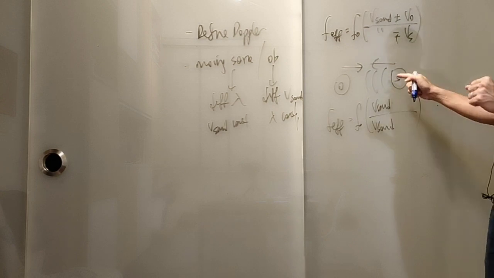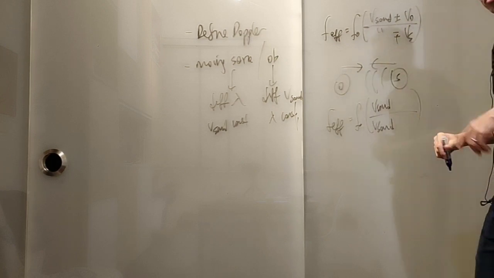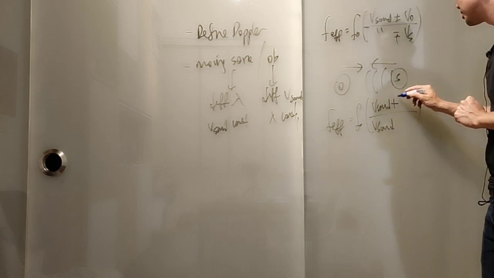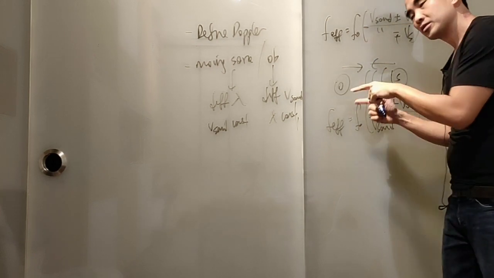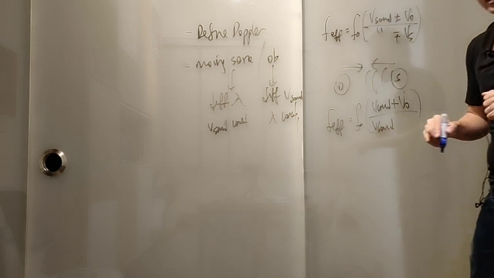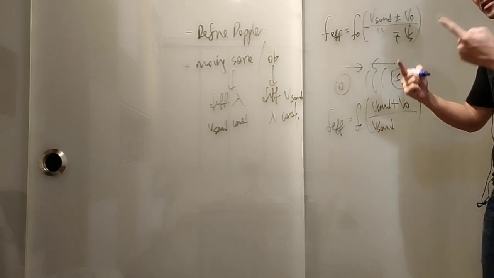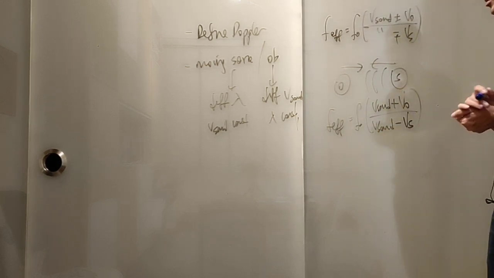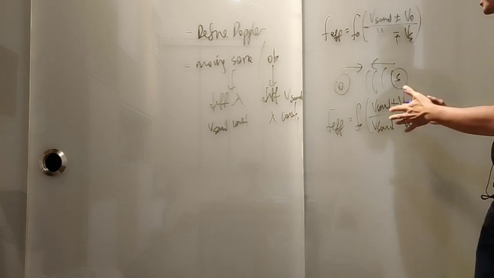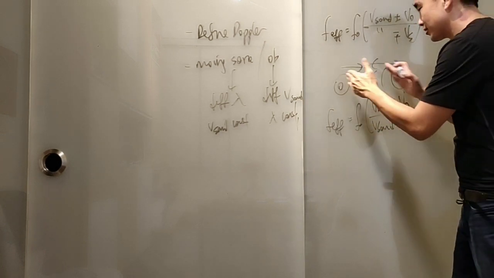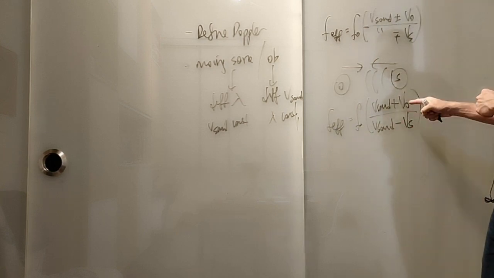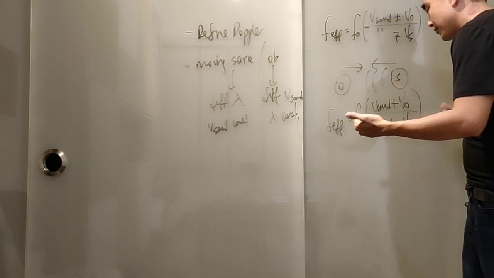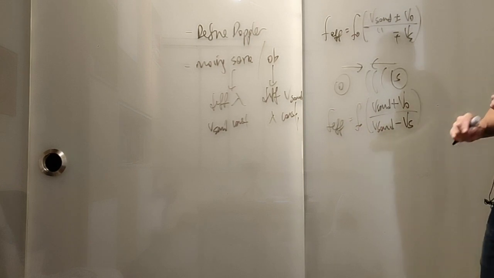For example, if the observer is moving towards the source, regardless of how the source moves, you always increase the frequency. So you choose plus. Whenever the source moves towards the observer, regardless of what direction it moves, it always increases the frequency. So you choose the sign depending on the relative motion. So long as they move towards each other, you always choose the sign that increases. If they move away from each other, you choose the sign that decreases. Alright?